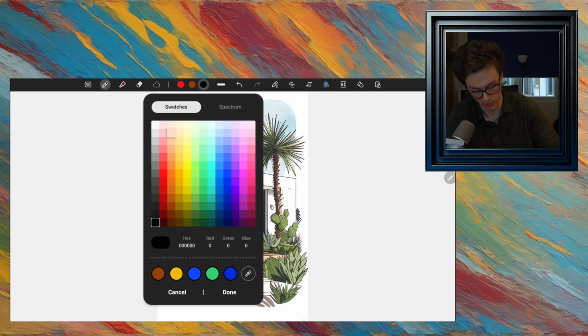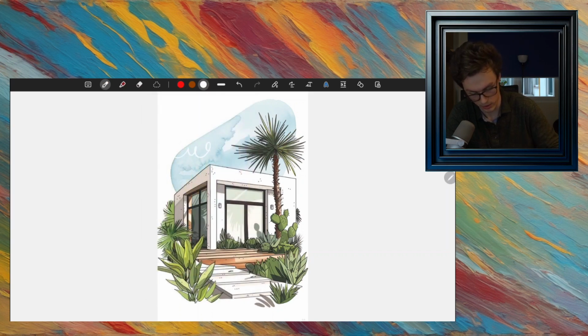Clouds are these things, by the way. If I go to white, right, these are the clouds. That's a cloud. Well, if I can color it in correctly, right, that's a cloud, but there's no clouds, right? We just see blue. Blue sky, beautiful.